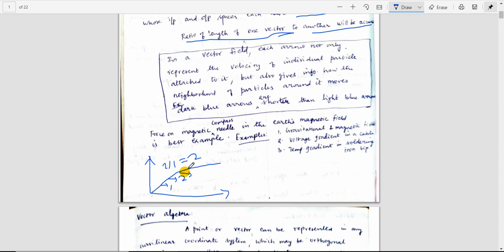So this ratio should be accurately defined, so that you can find the velocity of that particular ball from point to point. In a vector field, each arrow not only represents the velocity attached to it, but also gives the information on how the neighborhood particles around it move. So if you are defining actual length, you cannot define the neighborhood.